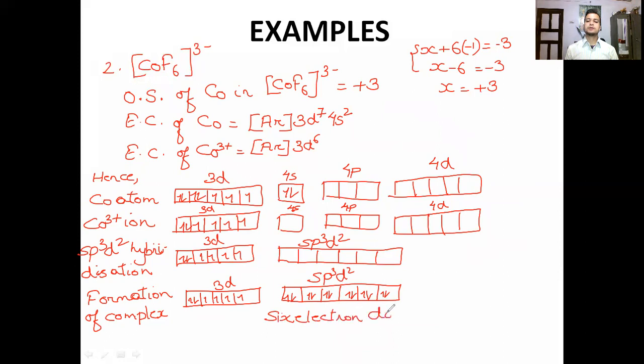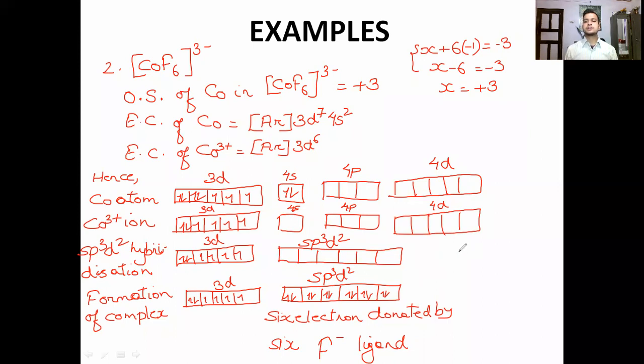Donated by 6 NH3 ligand. Sorry, not 6 NH3 ligand. That is a mistake. It is 6 F minus ligand. Is it not? F minus ligand.